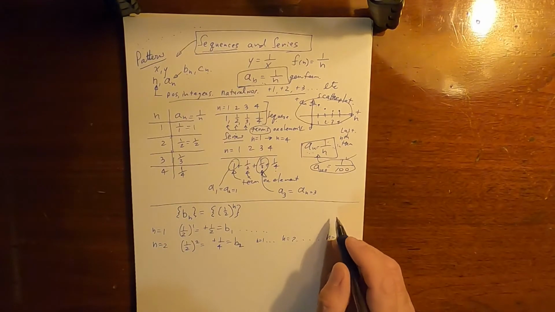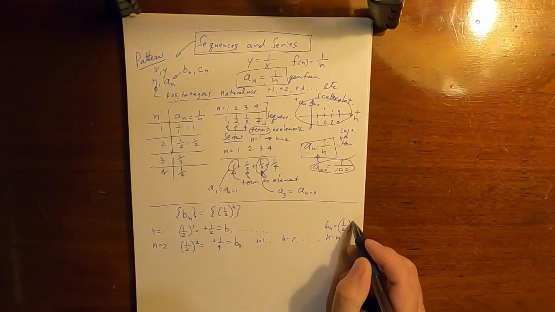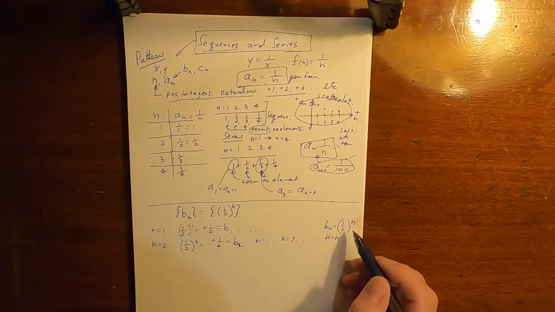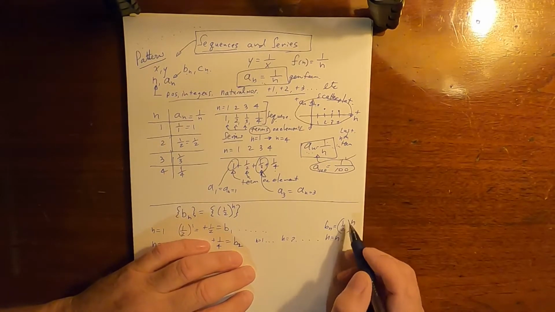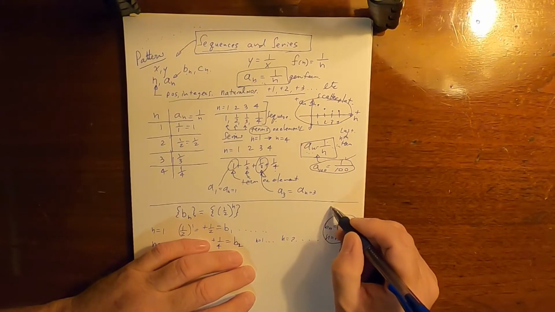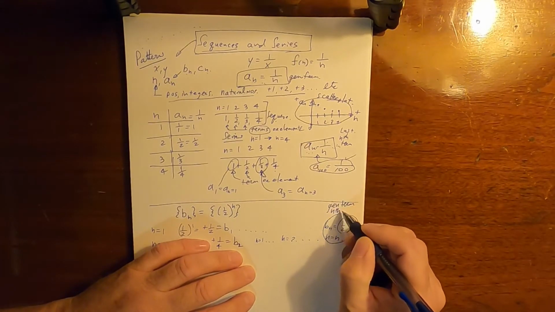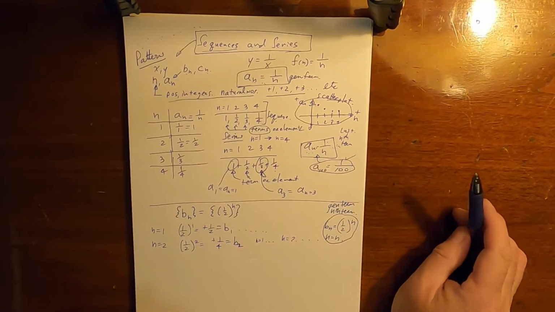And then in which case I would have b to the n equals 1/2 to the n. So this would be the general term, the nth term, and this formula is the general formula. So there you go.